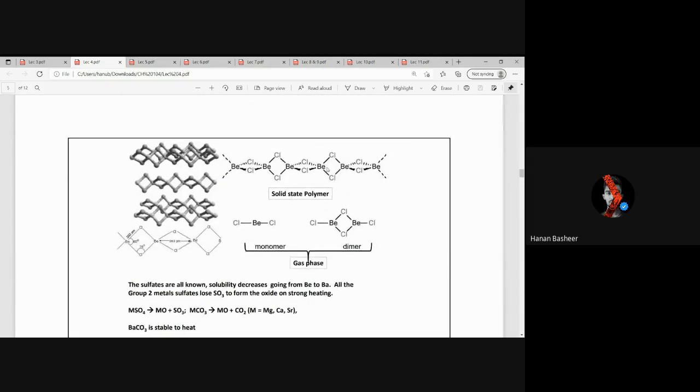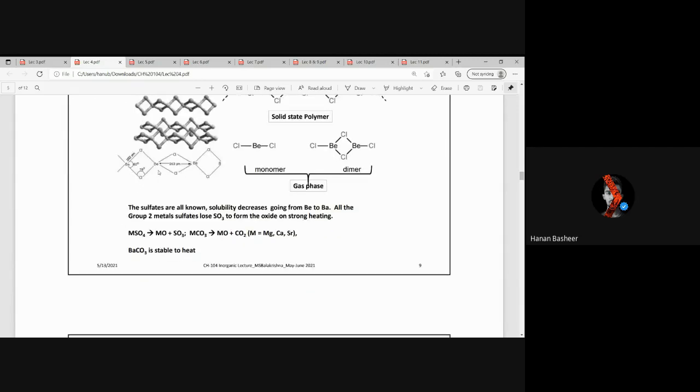And this is the polymerization chain of BeCl2. Similarly, we observe that it can also exist as a dimer, and this is the monomer. In the gaseous phase it exists as monomer and dimer, but in solid it exists as this polymeric chain. These are the distances between the different atoms, and this is the bond angle.